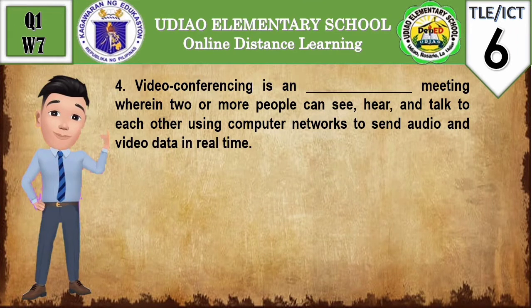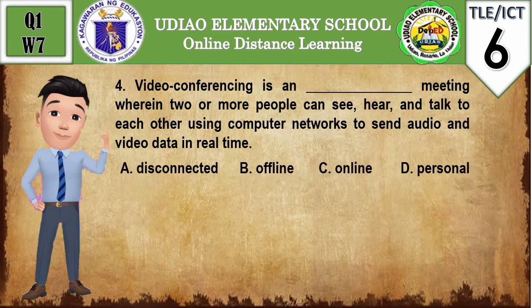Number 4. Video conferencing is a blank meeting wherein two or more people can see, hear, and talk to each other using computer networks to send audio and video data in real time. A. Disconnected. B. Offline. C. Online. D. Personal.